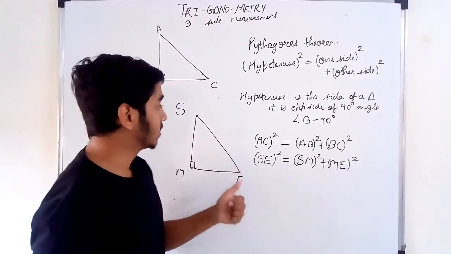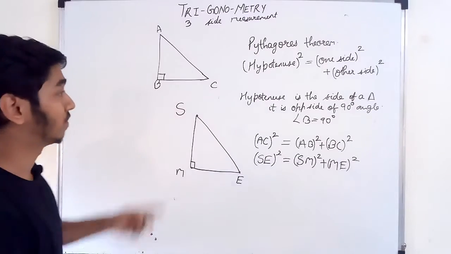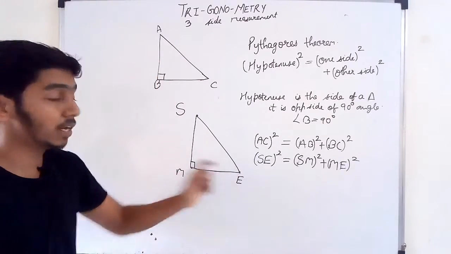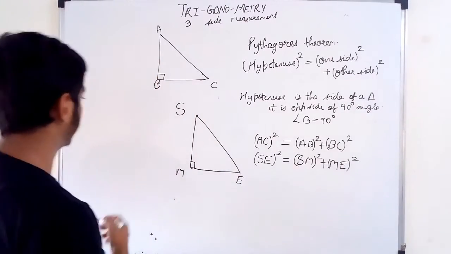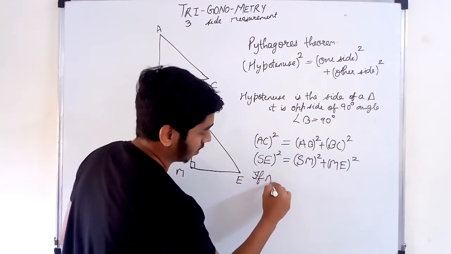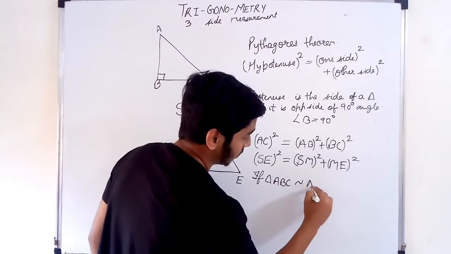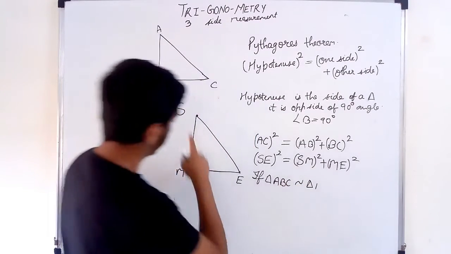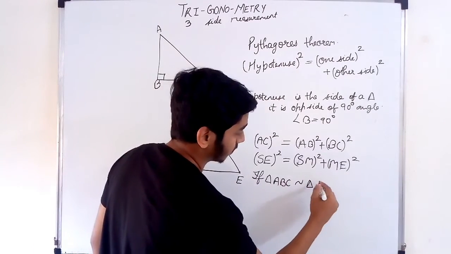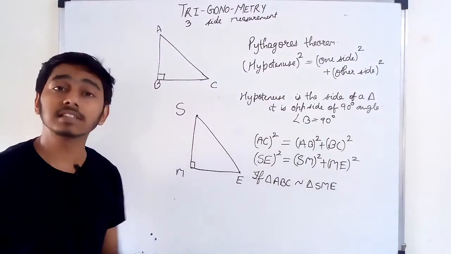Now let us understand if two triangles are similar. Now if I say triangle ABC is similar to triangle SME, for example.